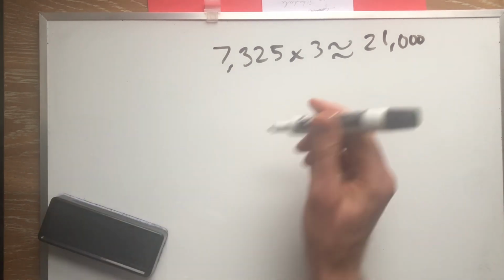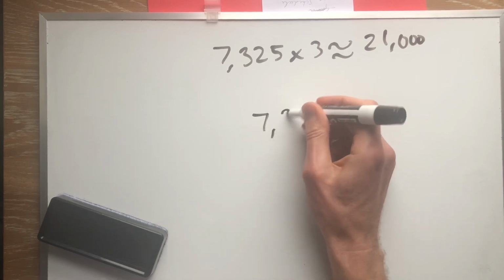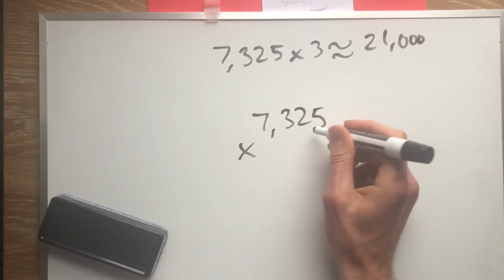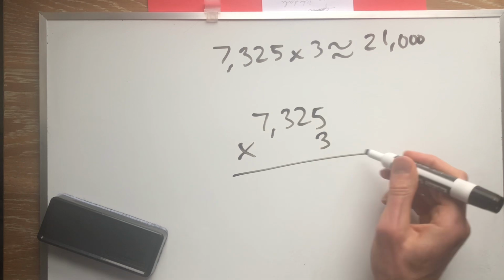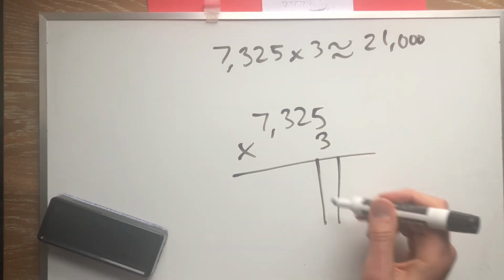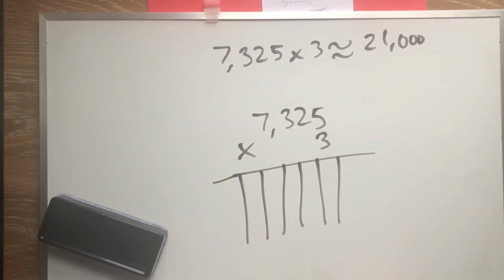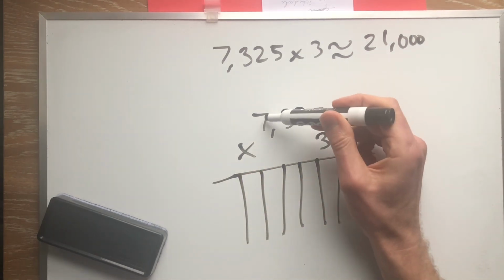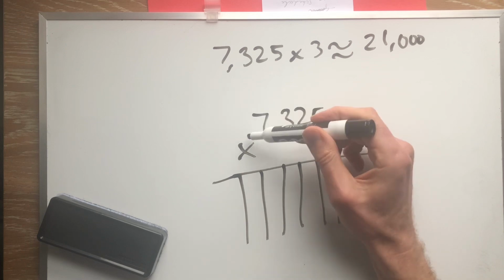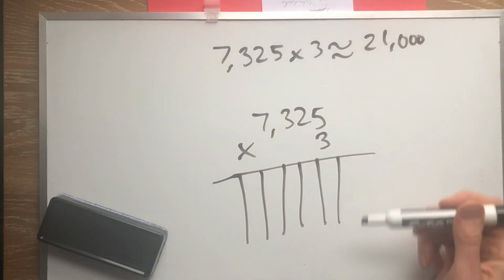So now we're going to write the whole problem down. 7,325 times 3. 3 goes in the 1 spot. Give myself a 1 spot, a 10 spot, 100 spot, thousands, and 10,000s. Whatever the last one is up here, which is thousands, give yourself one more because you might spill over to the next one.